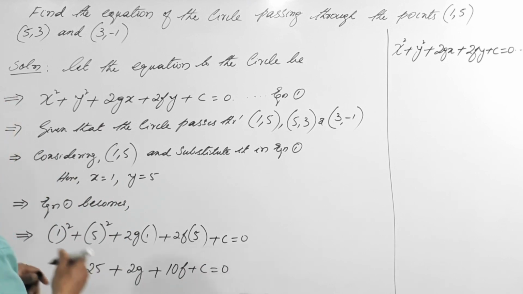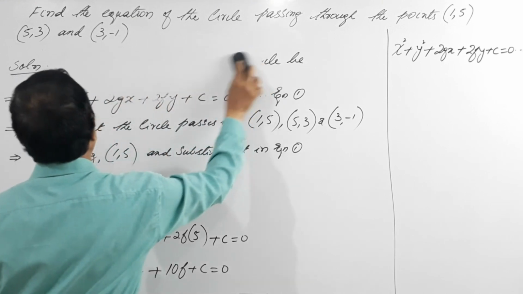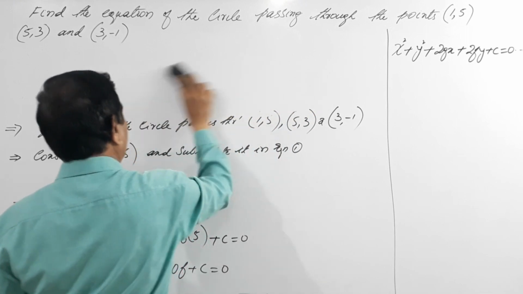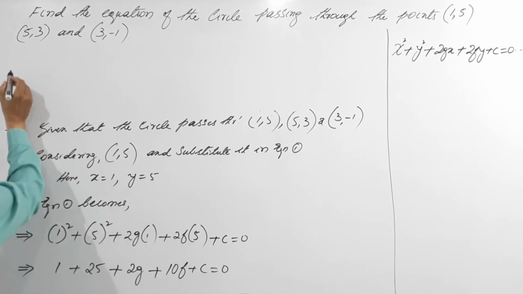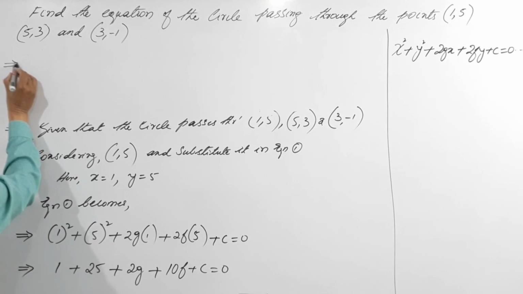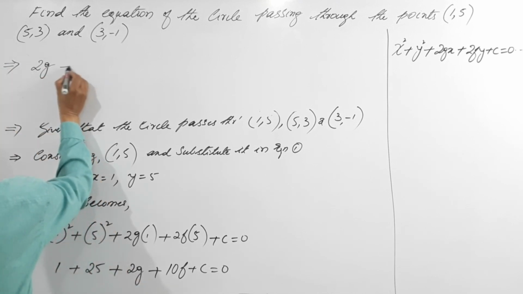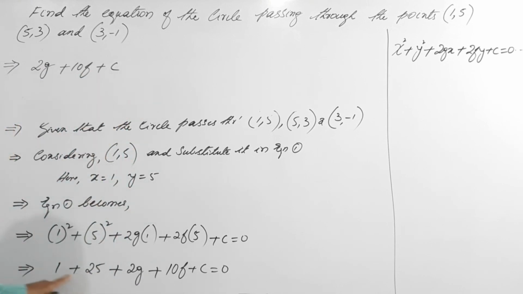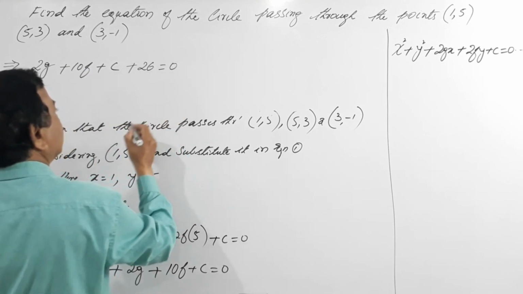So I'll write 2g plus 10f plus c, then 25 plus 1 is 26, plus 26 equals to 0.